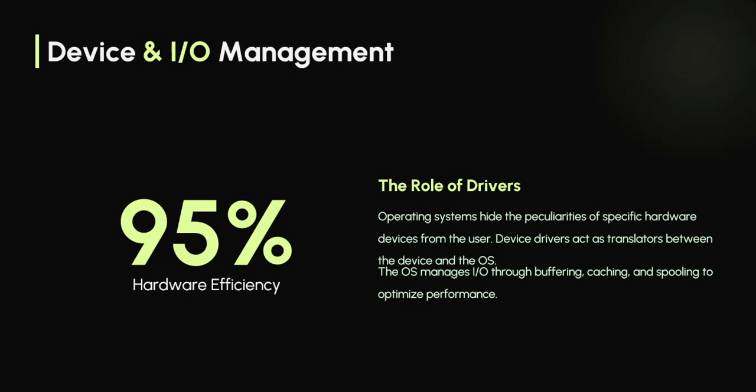On the role of drivers, the operating system hides the peculiarities of specific hardware devices from the user. Device drivers act as translators between the device and the operating system. The operating system manages input-output buffering, caching, and spooling to optimize performance.